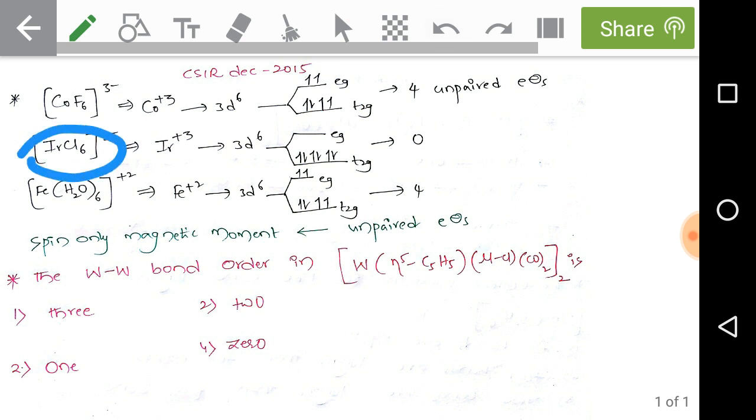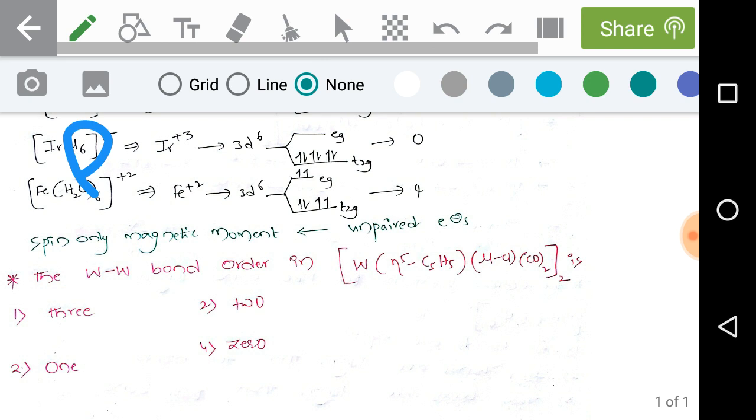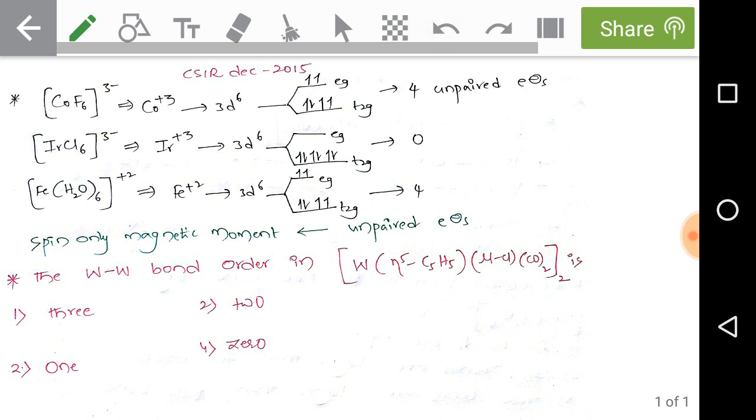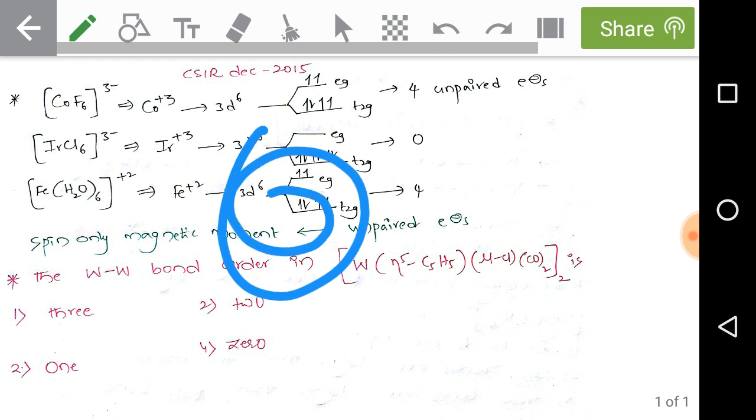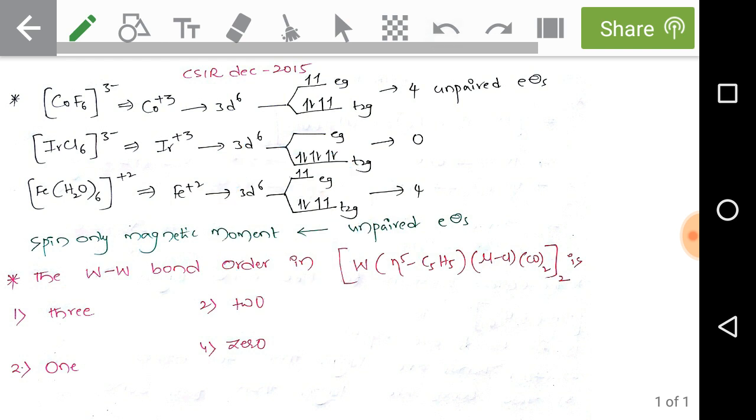Now we check the iridium complex. It is also in the +3 oxidation state and has d6 electrons. Regardless of ligand strength, as we move down the transition metal groups, the effect of the ligand on the transition metal complex decreases.